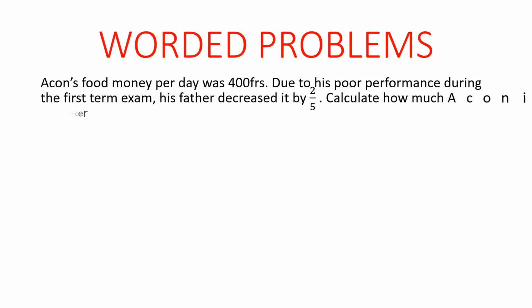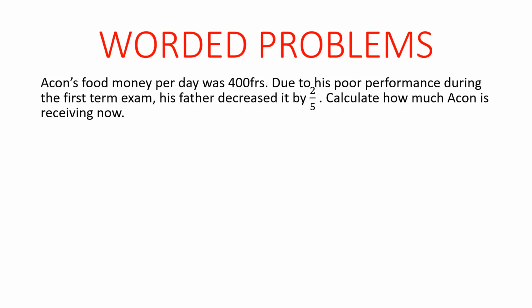Calculate how much Acon is receiving now. Acon's food money per day was 400 francs. Due to his poor performance during the first term exam, his father decreased it by 2/5.